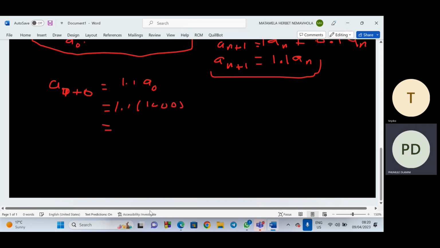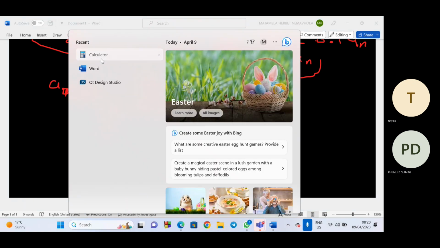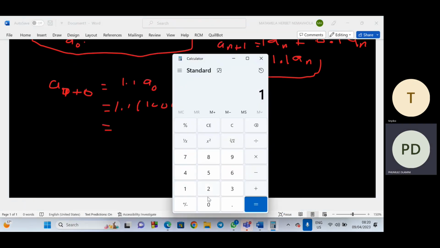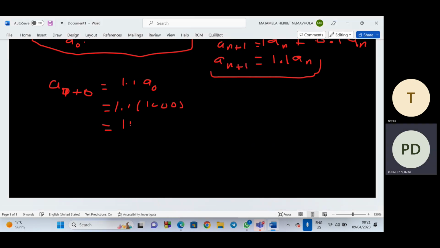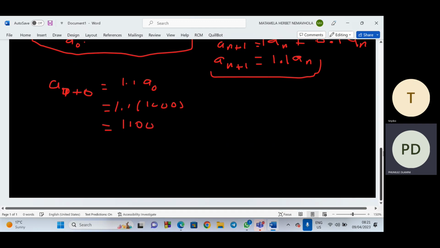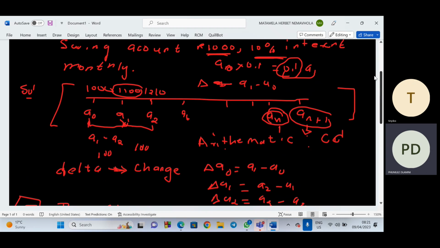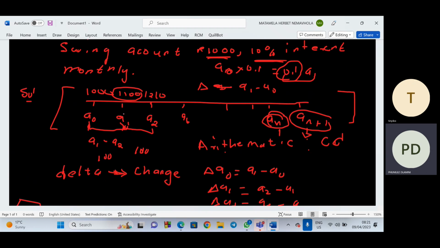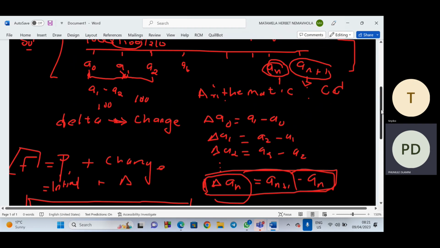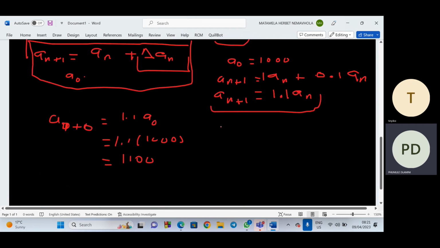Then if we use our calculator, we will find that 1.1 multiplied by 1000 equals 1100. So if we check here, you will see that in our sequence the second term, A1, is 1100. We can also do A2 using the same formula: A2, or a_{1+1}, equals 1.1 times A1.